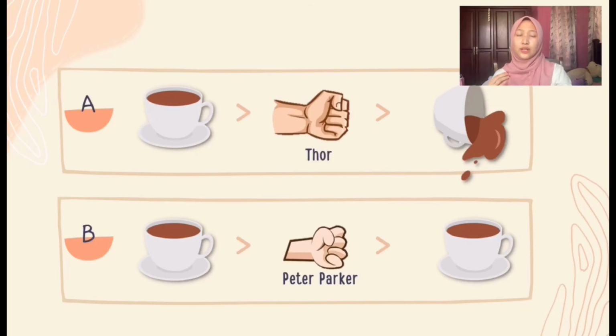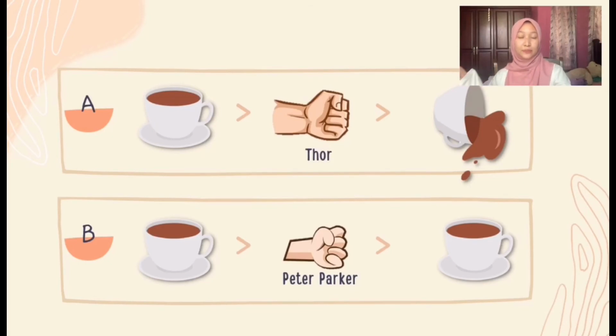So, how can we explain this kind of thing? If we use a normal explanation for situation A, the glass fell down when Thor hit the table. And in situation B, it doesn't make sense, because Peter Parker also hit the table. But the glass doesn't fall down. Okay, that's why deductive nomological explanation is important.